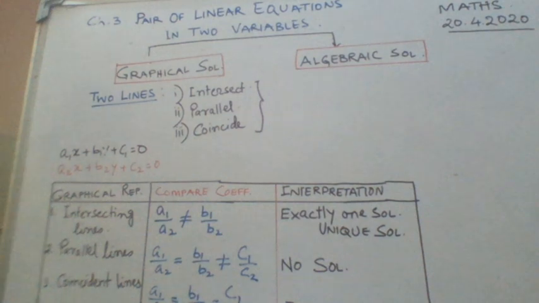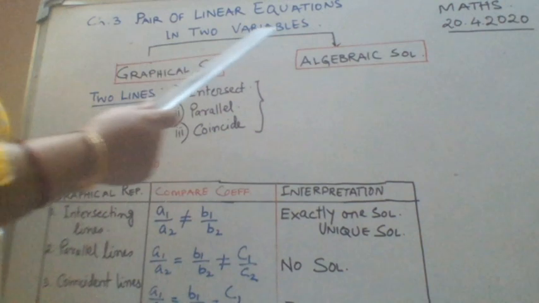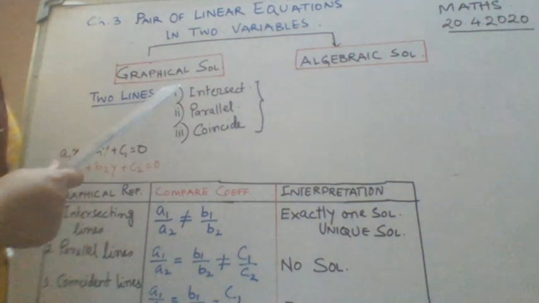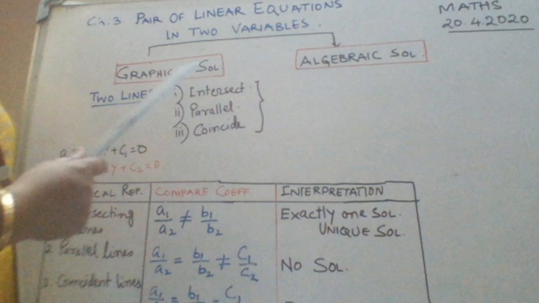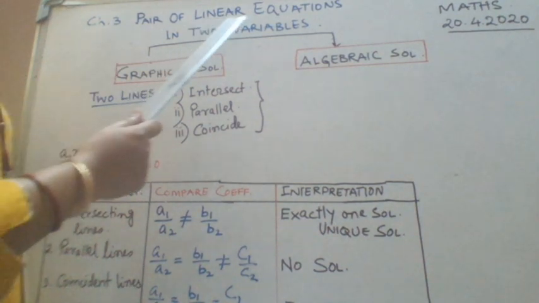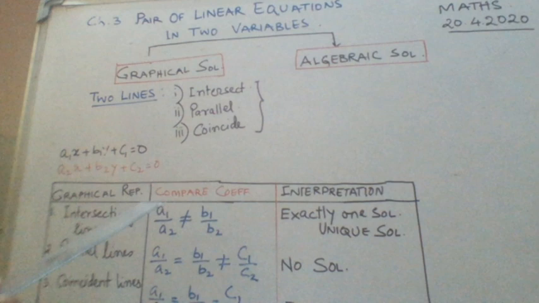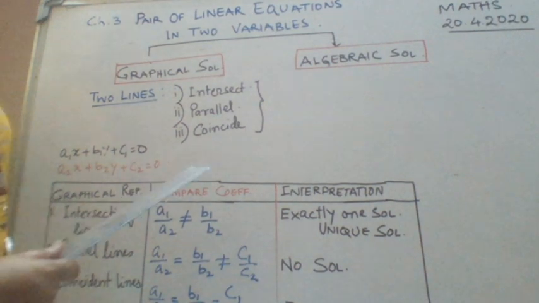So class, this is a pair of linear equations in two variables. There are two different types of solutions possible, graphical solution and algebraic solution. Now graphical solution means we draw graphs. And how does the linear equation graph look like, that you have studied in your 9th class? The linear equation graph is a straight line.